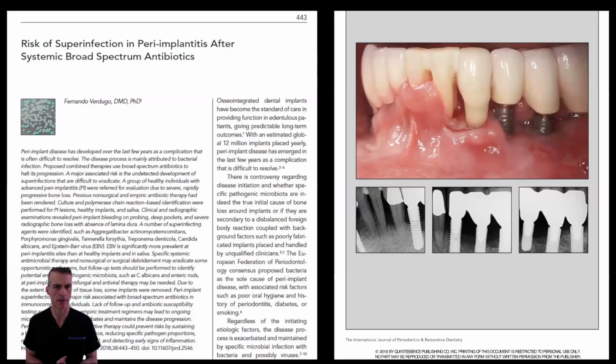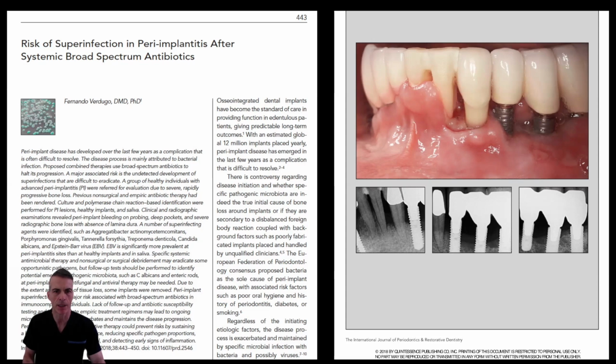Severe defects, severe peri-implantitis can leave very nasty defects behind that may require significant augmentation. Remember to act quickly. As far as the infectious component and the case that we saw earlier, generalized, this was published years ago in the International Journal of Periodontics and Restorative Dentistry.